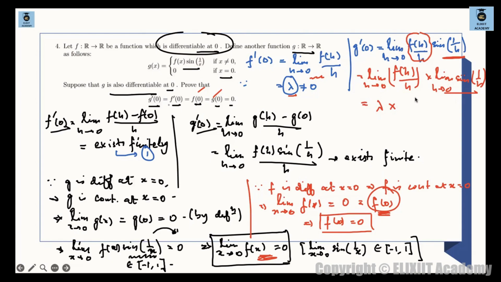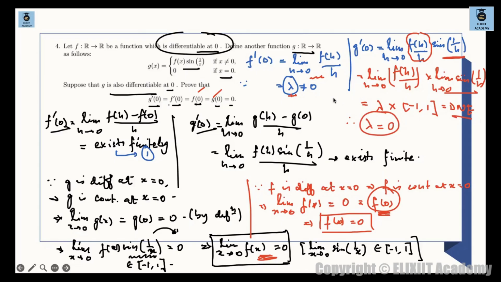Lambda multiplied by any oscillating number from -1 to 1, the limit will not exist in this case, right? So if lambda is not equal to 0, in that case g dash of 0 won't be defined, which means lambda has to be 0.